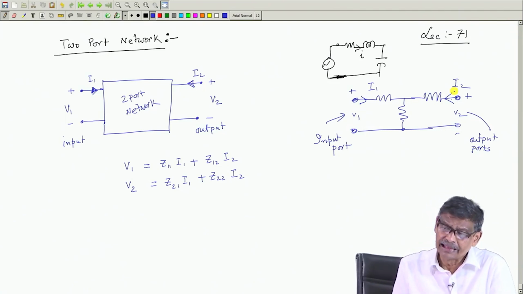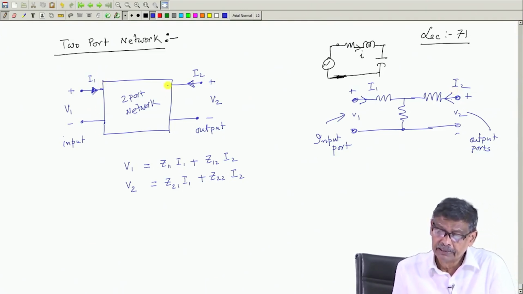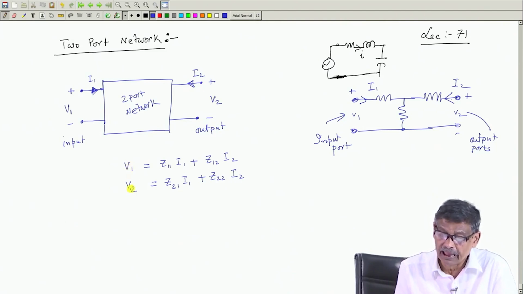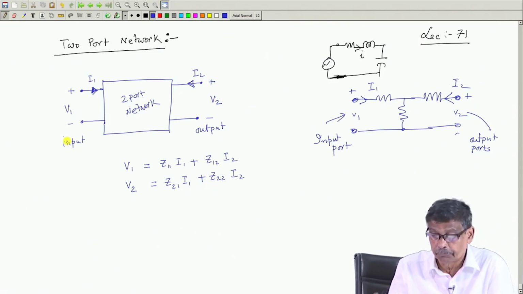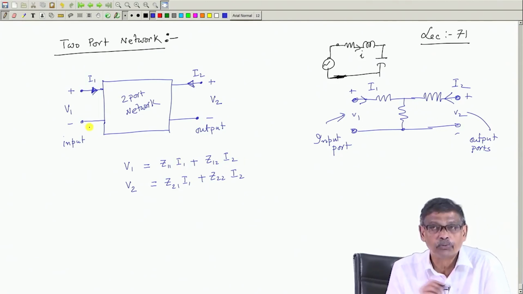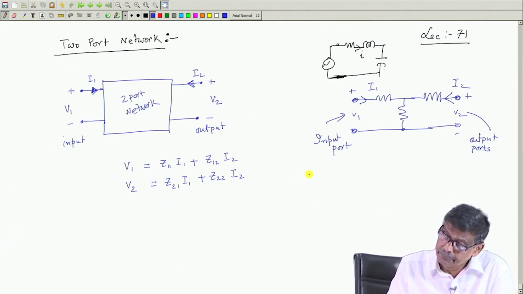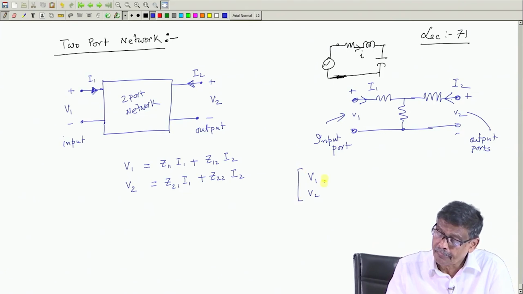So, as a black box, what I am telling is this, it is possible to express the input and output voltages V1 and V2 in terms of the input port current and output port current. And this can be written also in matrix form like this.